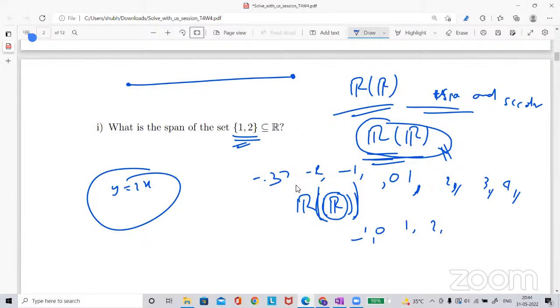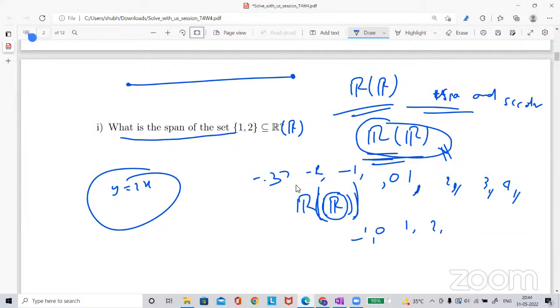So now you have a set in this vector space. Let's say I am making it over R for more precision. This set contains two vectors, 1 and 2. Is the span of this set R or not? What will be the span of this?